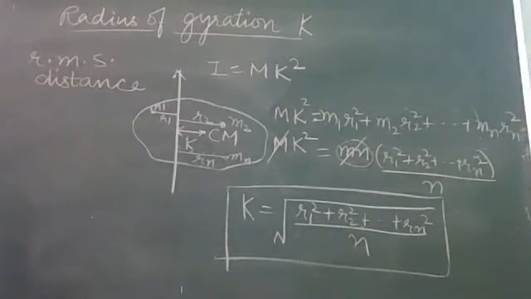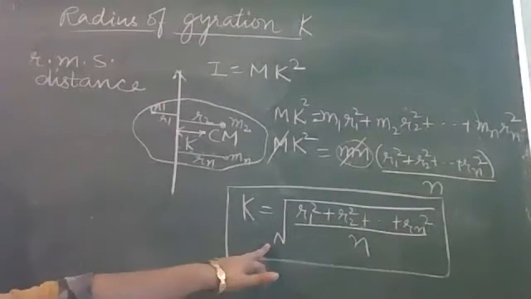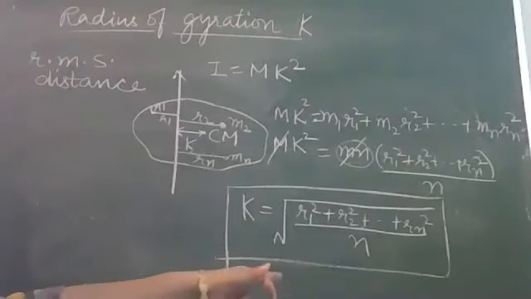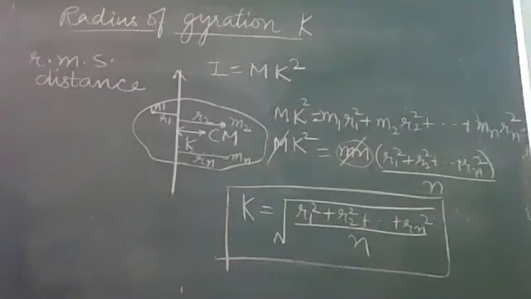We have taken the root of the mean of the squares of distances of particles, so we are getting the radius of gyration. Since this is a radius, its unit will be meter.